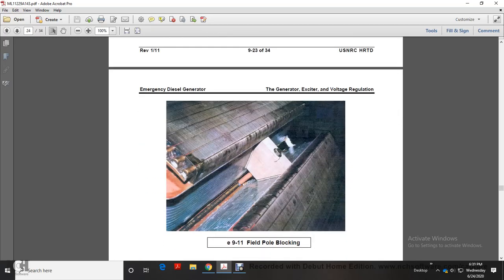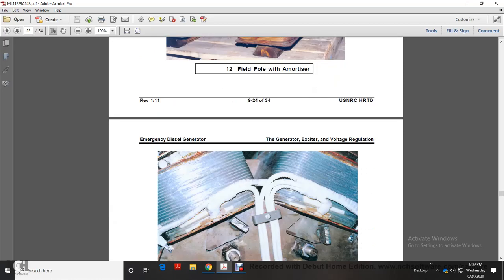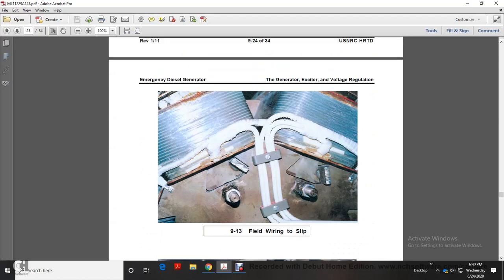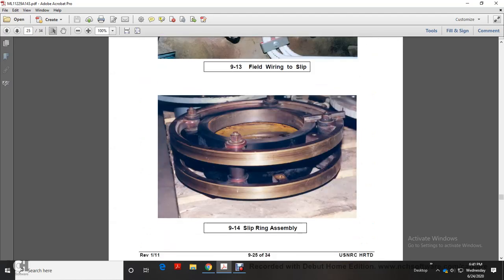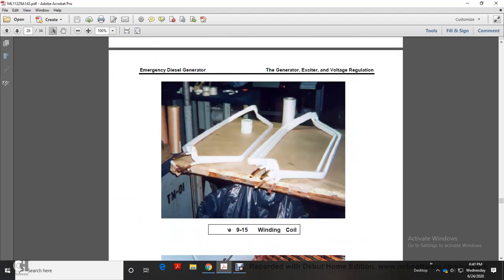Figure 9.11 shows the field pole blocking. Figure 9.12 shows field pole with the amortisseurs. Figure 9.13 shows field wiring to the slip rings. Figure 9.14 shows the slip ring assembly.